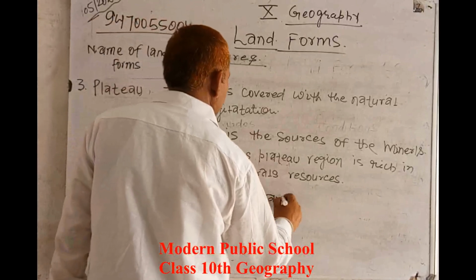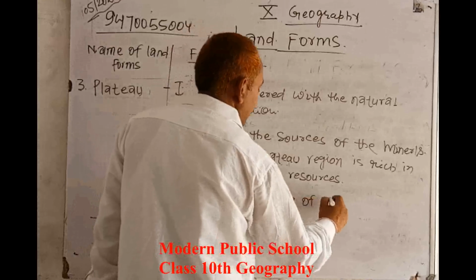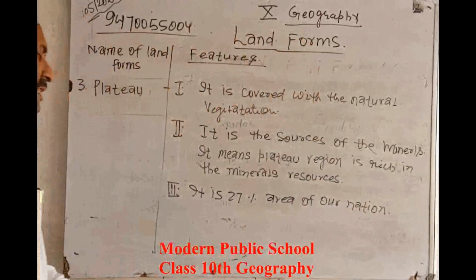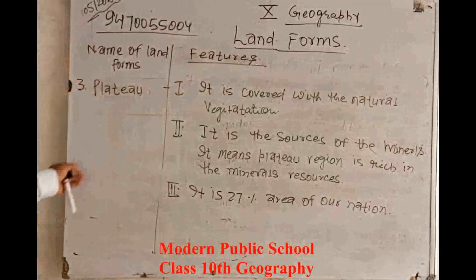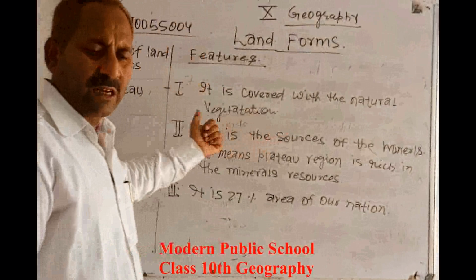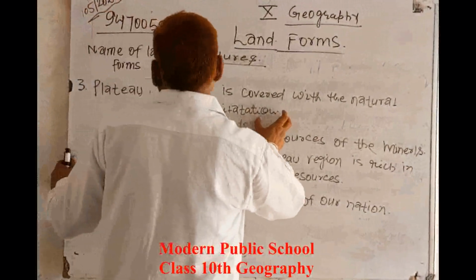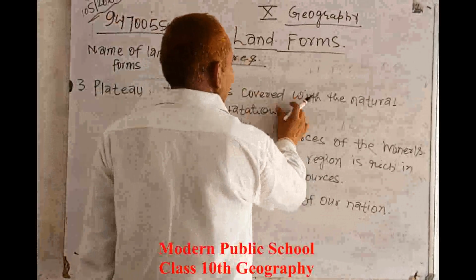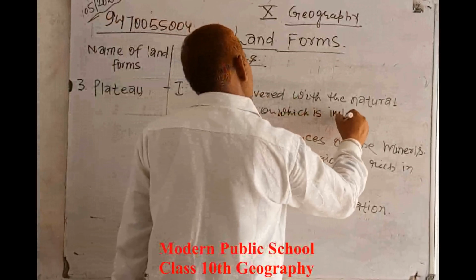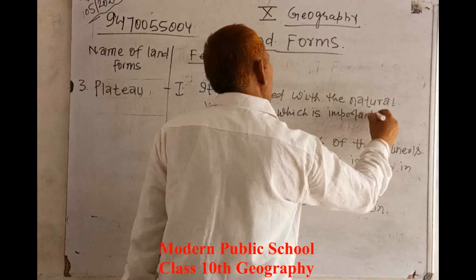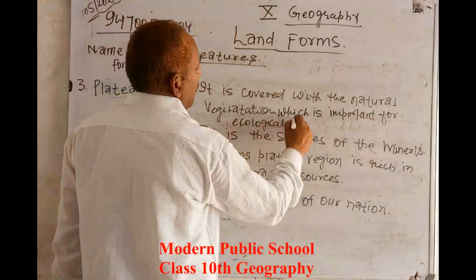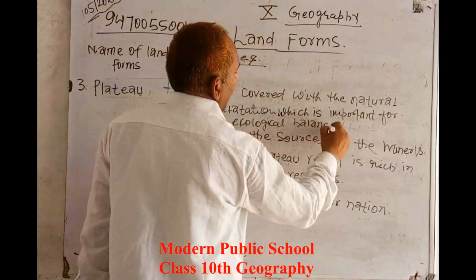27% area of our nation, ये हमारे देश का 27% भाग पर, 27% एरिया पर ये प्लेट्यू फैला हुआ है। और ये बेसिक रूप से अगर देखा जाए तो नेचुरल वेजिटेशन से कवर्ड है, और नेचुरल वेजिटेशन जो कवर्ड है वो हमारे लिए economically कह सकते हैं which is important for the ecological balance, okay.